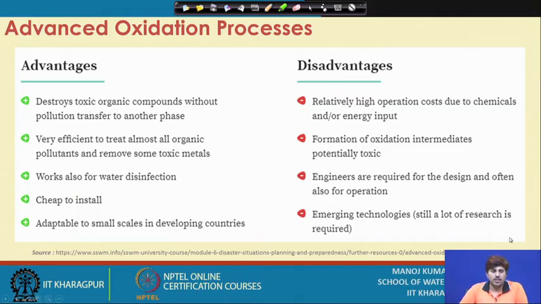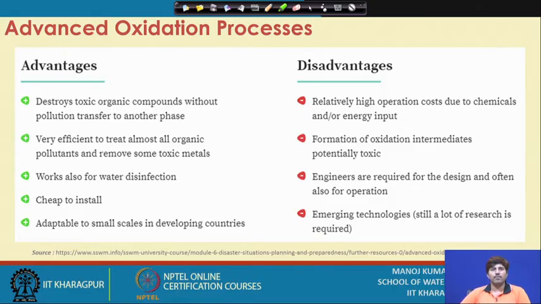We see their advantages. They destroy the toxic compounds without pollution transfer to another phase, as many other methods do, like adsorption or membrane filtration. They are very efficient to treat almost all organic pollutants and can remove the toxic species.